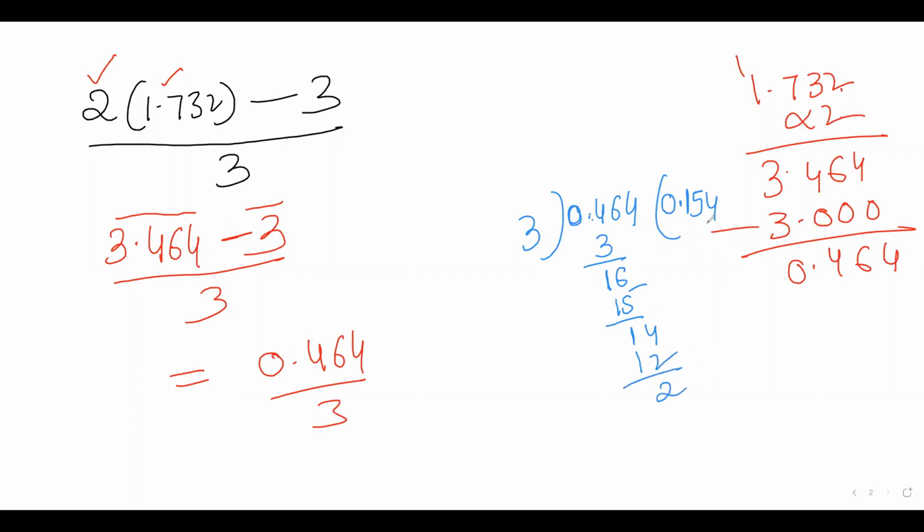He asked us to find the answer up to 3 decimals. So 0.154 is your final answer. No need to divide further. We got 3 decimals. You can end the problem. Got it?